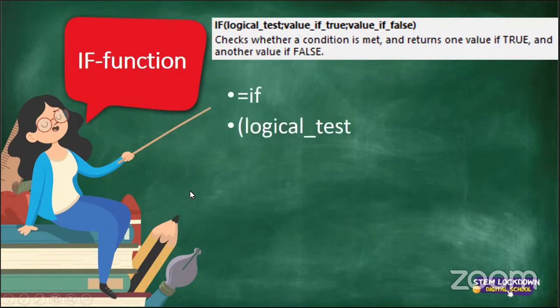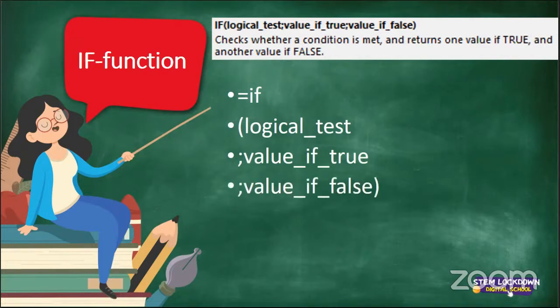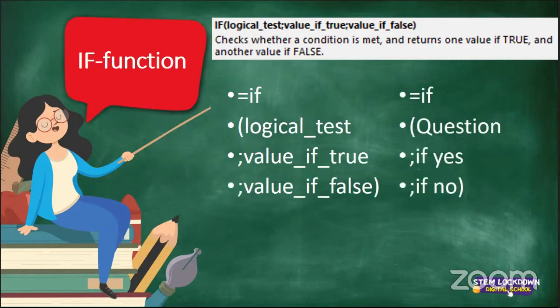So we said if logical test, depending on which type of computer you have, it can either be a semicolon or just a plain comma, value if true, value if false. In other words, we said question, answer if it's yes to the question, what must there be if it's no to the question. So that was what we had yesterday, and today we are going one on.